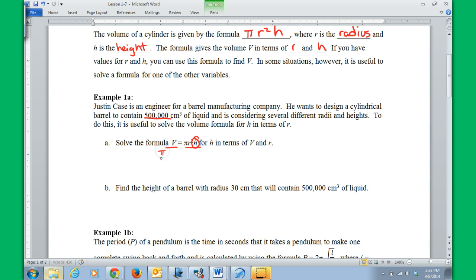So I'm going to divide both sides by pi r squared. Okay? When I do that, these cancel on this side. So I now have v over pi r squared equals h.